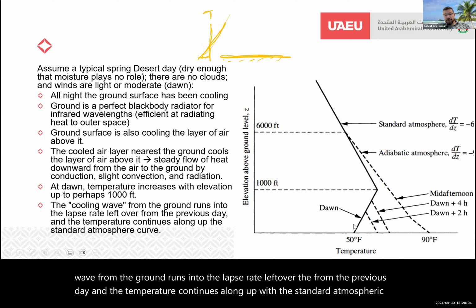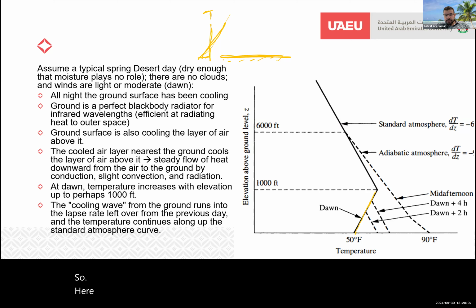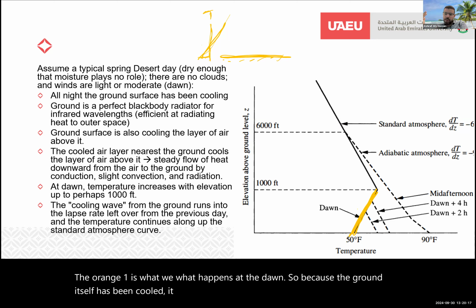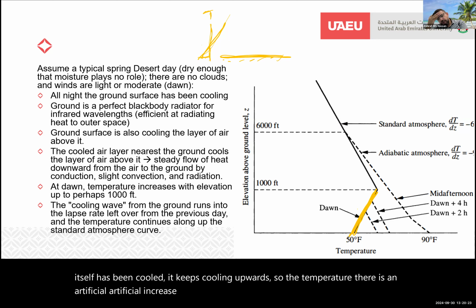So here, the orange one is what happens at the dawn. Because the ground itself has been cooled, it keeps cooling upwards. So the temperature has an artificial increase when we go up, not the other way around, because usually it would have been going this way.